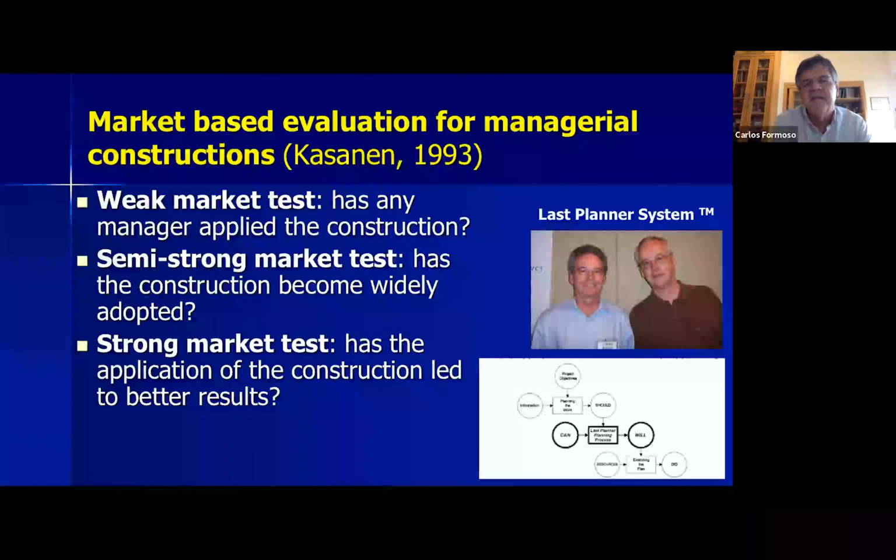Even for the Last Planner System, there are not many studies that have analyzed a large sample of projects that use it, providing evidence that it reduced project duration by so much percent or increased productivity by so much percent. It's very difficult to get this type of evidence because there are many factors that might influence those results.